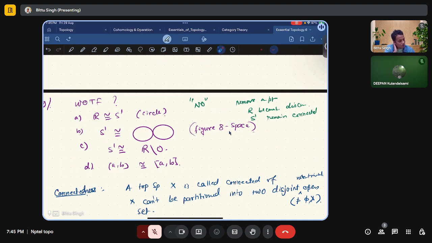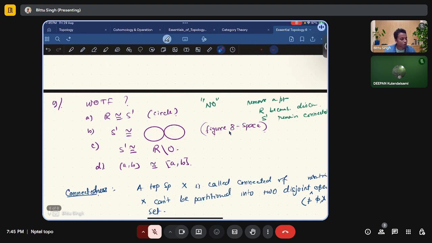Now again, the same argument can be applied. Again, remove one point. If we assume those two are homeomorphic, then connectedness will be preserved. So if we remove a point, then on the circle the corresponding point should be removed, right?